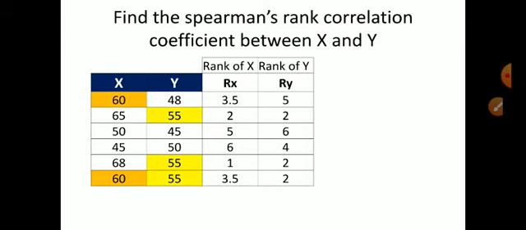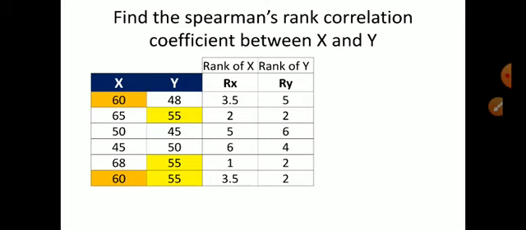Then we assign 2, 2 and 2 as the ranks. First, second and third rank is completed. The next rank is the fourth rank. It will be assigned to 50, the next highest, and the next highest is 48. For that we will be assigning rank 5, and the last one will be 45. We are going to assign 6 for this.